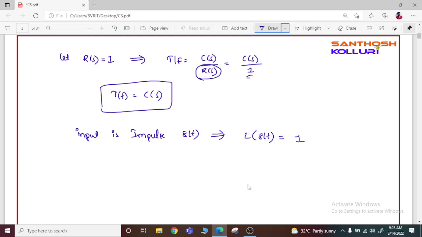Therefore I can assume that this is the impulse signal, and the response when you apply an impulse signal is called impulse response. So here the transfer function can also be called the impulse response of the system.